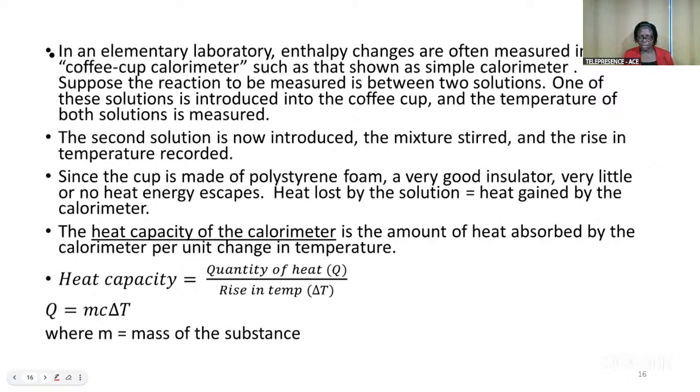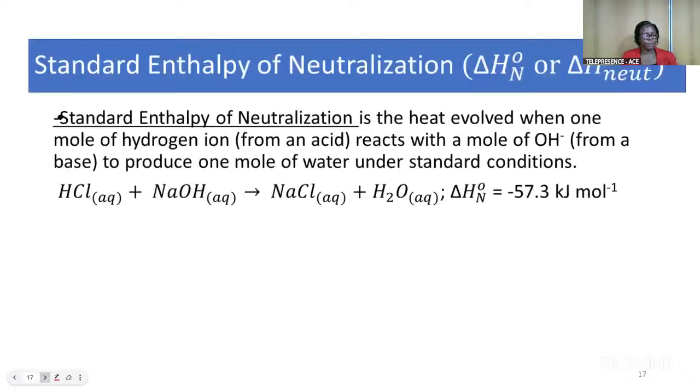And the heat capacity of the calorimeter will be the amount of heat absorbed by the calorimeter per unit change in temperature. So that takes us back to the equation that we used earlier on. So that is how you can measure heat change in a reaction. Now, standard enthalpies, they vary.